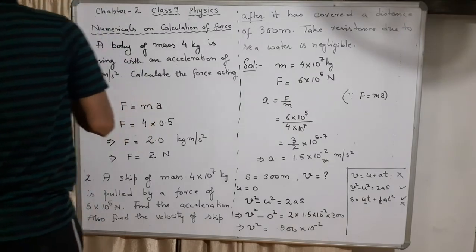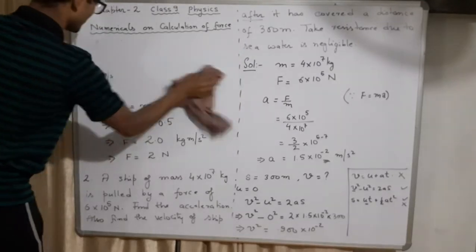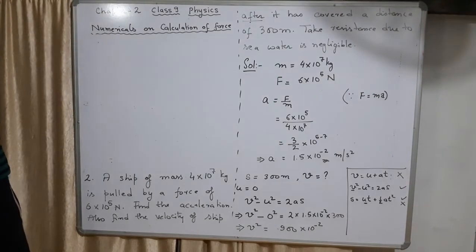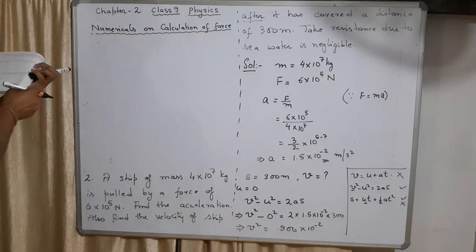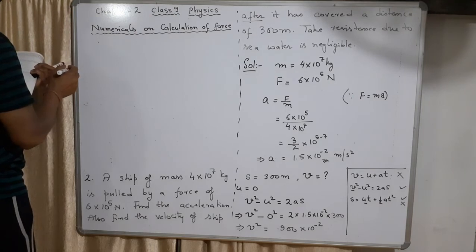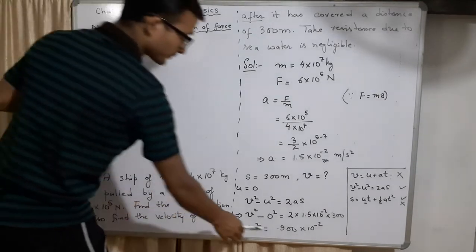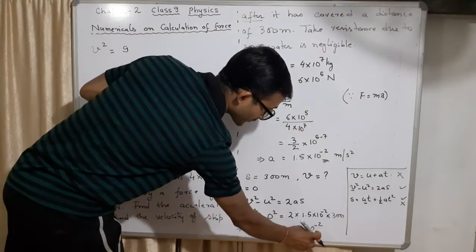Now, if I find the square root of that, v square equal to 9, because 2 zeros, this will be coming down here.